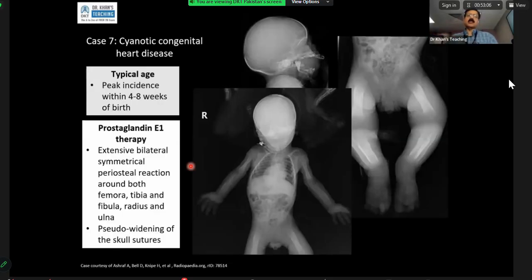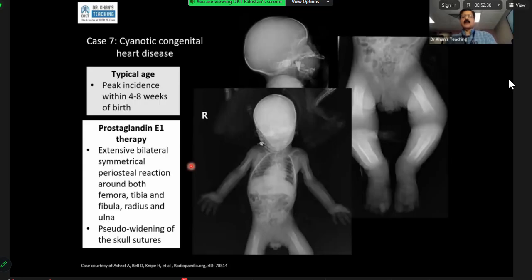And then comes prostaglandin E1 therapy. So these patients present with cyanotic congenital heart disease, and they want the ductus arteriosus to remain patent, so that they buy time, at times these patients are preterm, and they maintain it for a while so that they can do surgeries at a slightly advanced age.